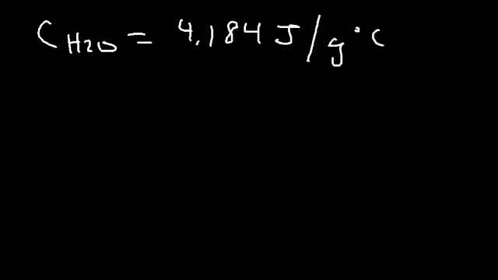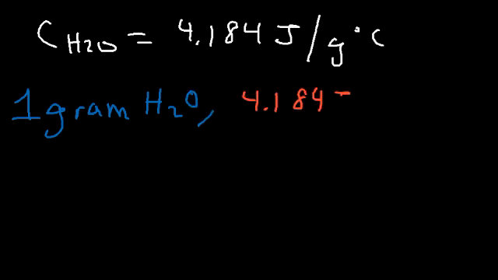So what this means is that for a 1 gram sample of water, it takes 4.184 joules to increase the temperature by 1 degree Celsius. And that's what the specific heat capacity represents. It's the amount of energy that's required in joules to heat up 1 gram of water by 1 degree Celsius.